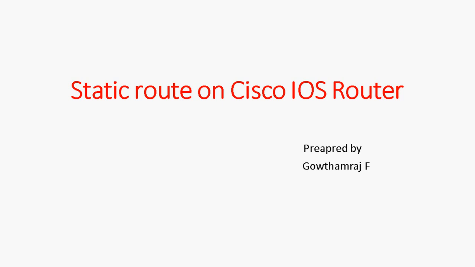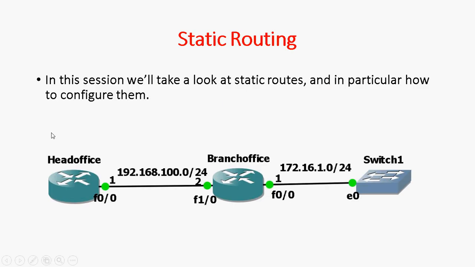So this is my example scenario. In this video session I am taking this example and I will explain how to configure a static route. Here we are using two routers: one is the head office and another one is the branch office. Behind the branch office we have one LAN network.